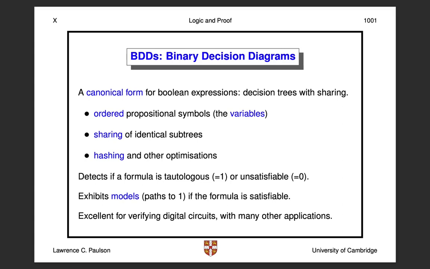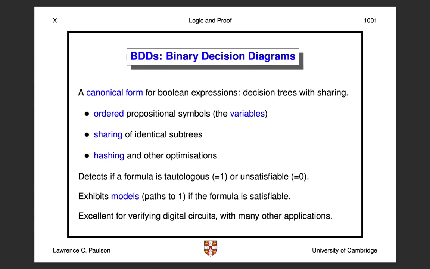The full name, and it is a mouthful, is reduced ordered binary decision diagrams. The ordered refers to the ordering on the propositional symbols, and reduced refers to the elimination of all redundancies from the diagram.